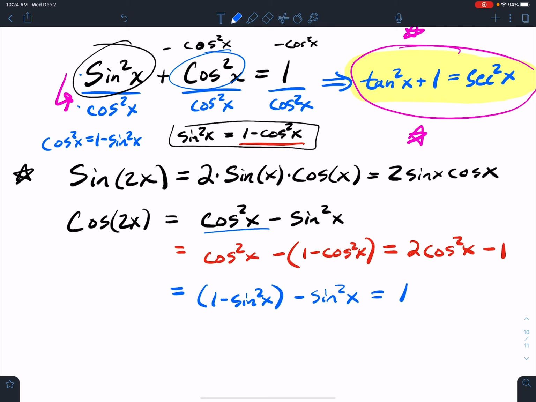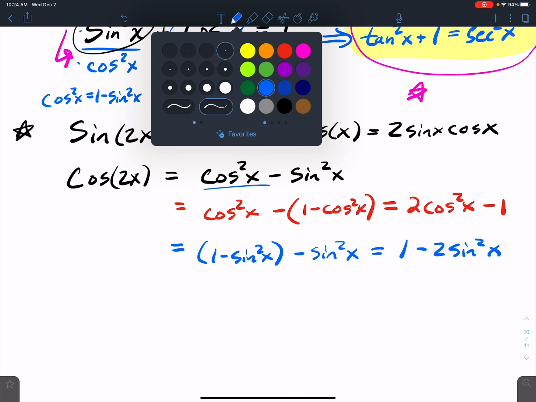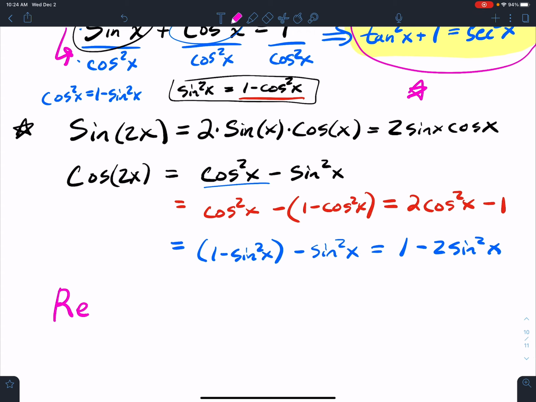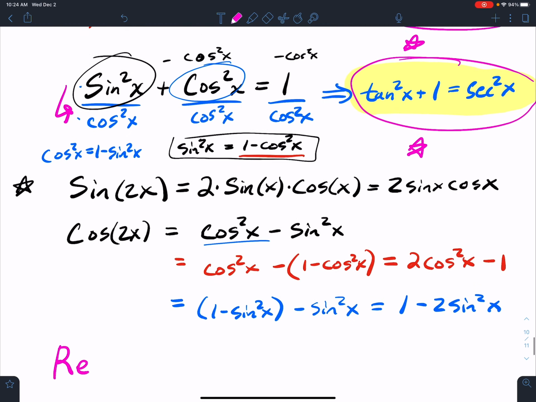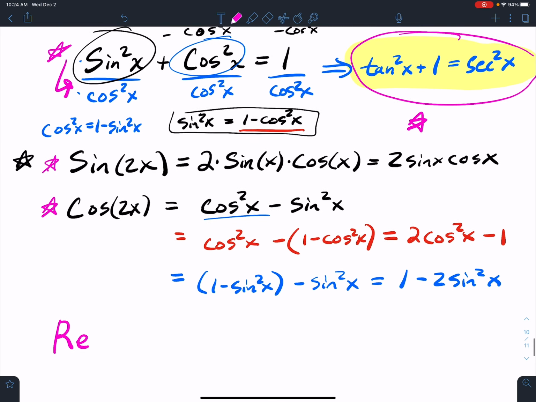I get 1 minus 2 sine squared x. Okay? Now, why is this important to us? This brings up what's known as the reduction identity. This might be the new one that you may not remember from pre-cal, or it might have been glossed over so quickly, you're not extremely expected to remember it. Pythagorean identities and the double angle identities, those should be things that you picked up from pre-calculus.